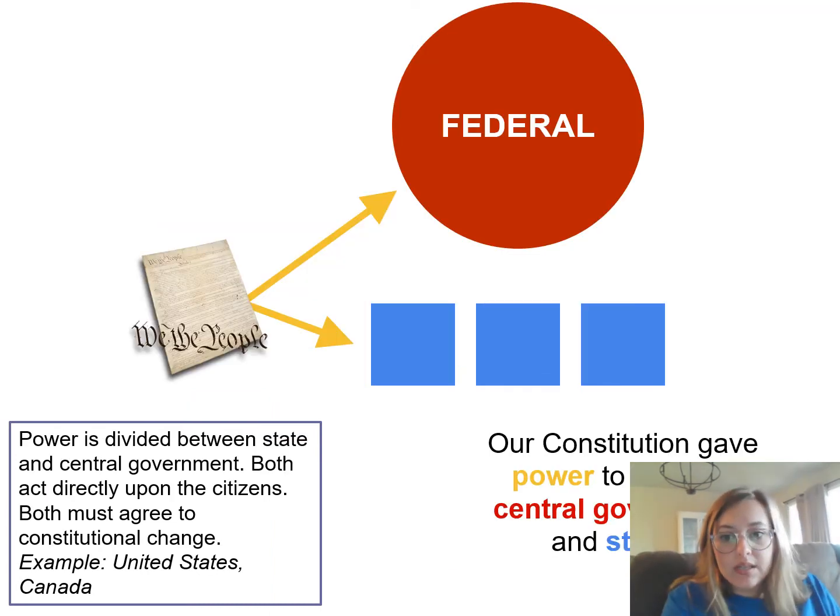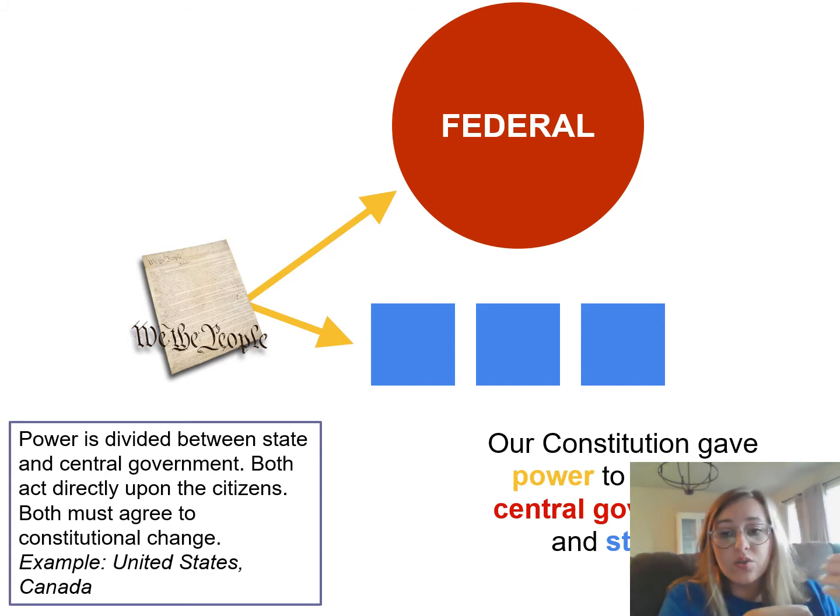So that brings us to the federal system. Like I said, in our federal system, we divide power between state and central governments. And both governments at all times are acting directly upon the citizens. So as a resident of North Dakota, I'm subject to North Dakota law and US law at the same exact time.